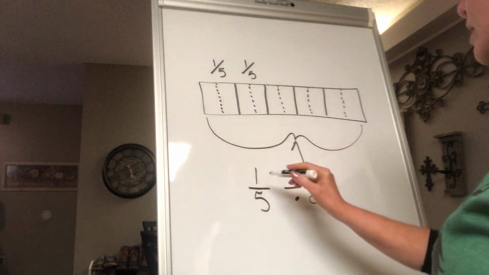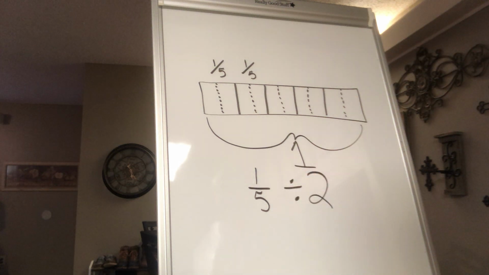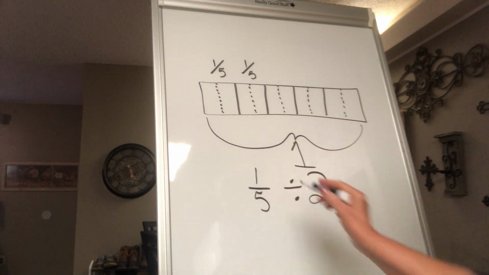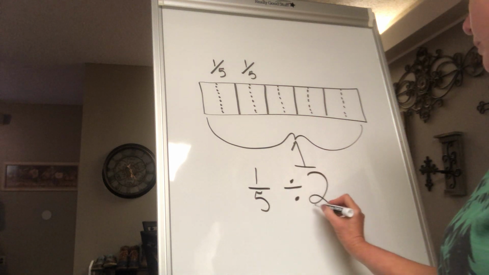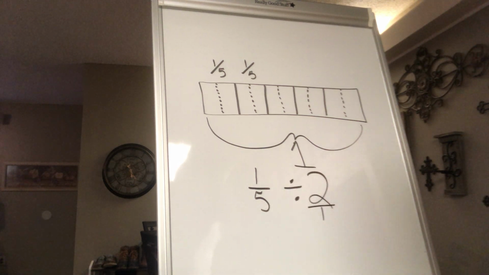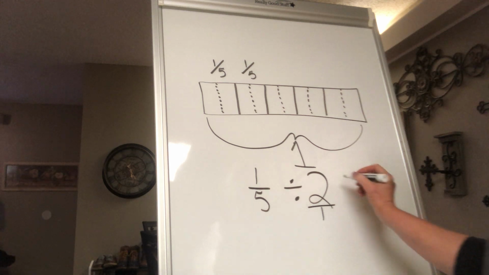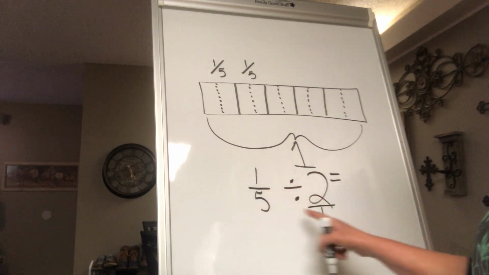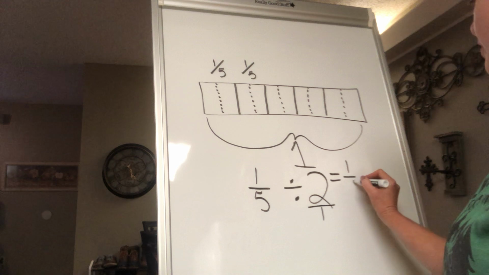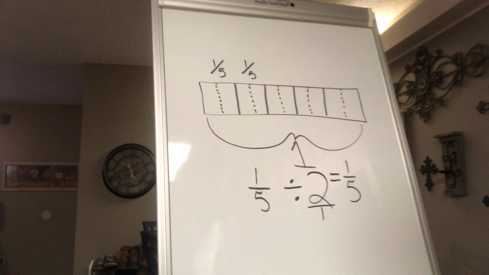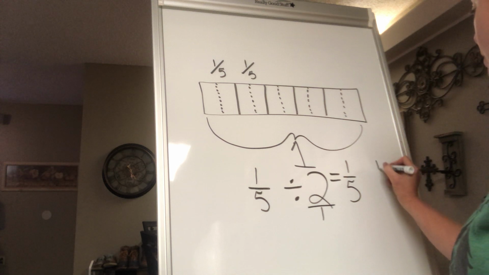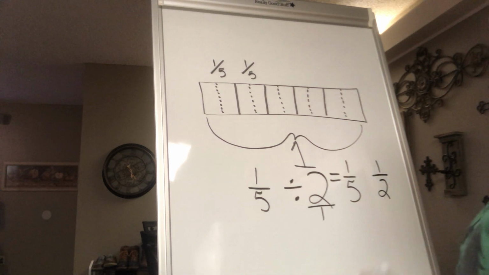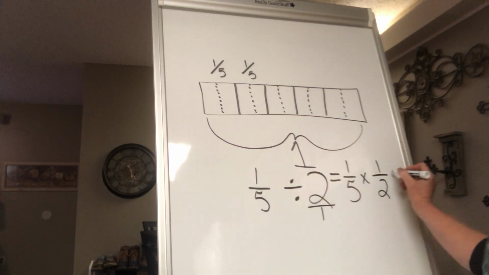Well, again, we know that anytime that we're dividing and it involves a fraction, we first need to look at our whole number as a fraction also by putting it over 1. We know that we just slide our first fraction on over. We flip or do the reciprocal, and then we multiply.